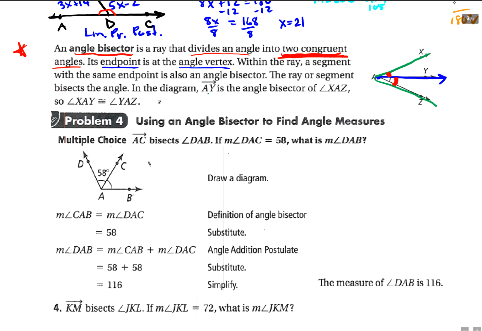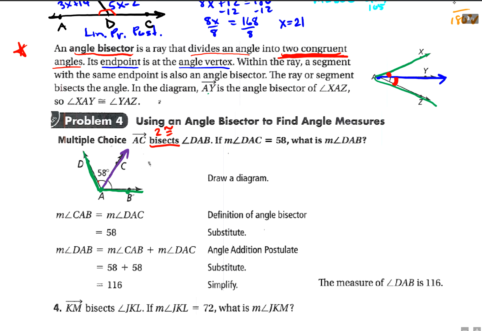We are told that ray AC, let's find ray AC here, bisects angle DAB. So find angle DAB. We're bisecting this angle right here. Bisect, as soon as we see that word, we think two congruent parts. What's being broken up into two congruent parts?